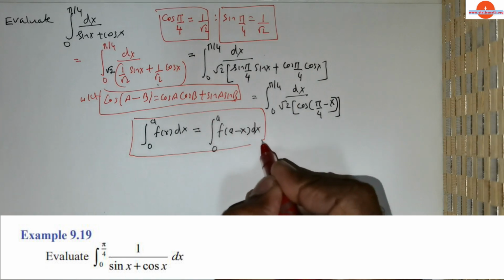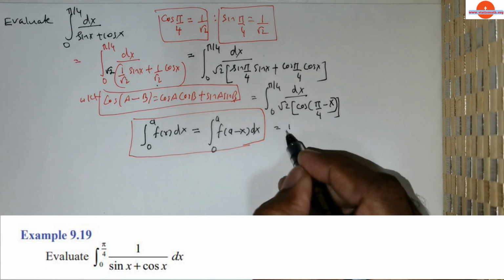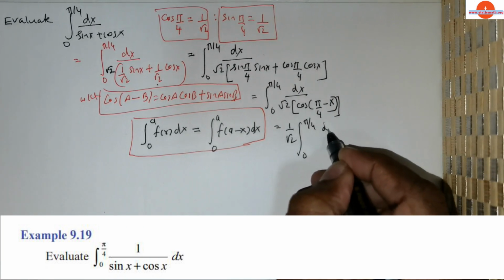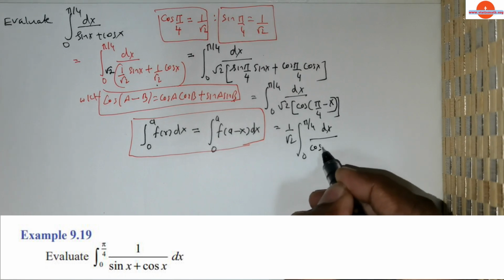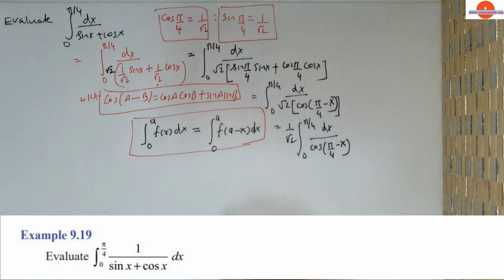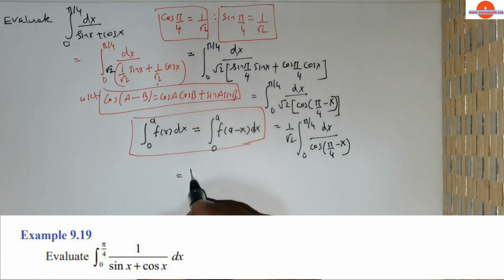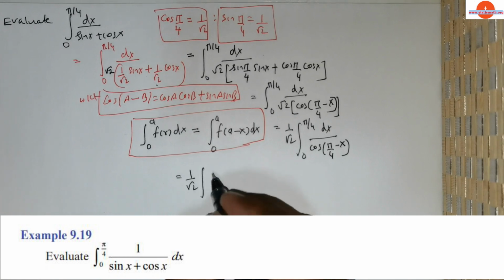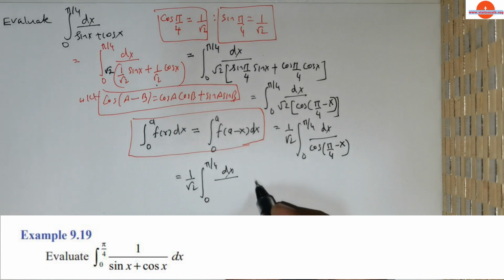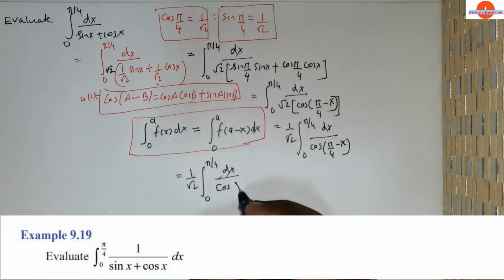Because I know this property, I'm going to rewrite this as 1 over root 2 integral 0 to pi over 4 dx divided by cos of pi over 4 minus x. So clearly, this can be rewritten as 1 over root 2 times integral 0 to pi over 4 dx divided by, by this property, cos x.